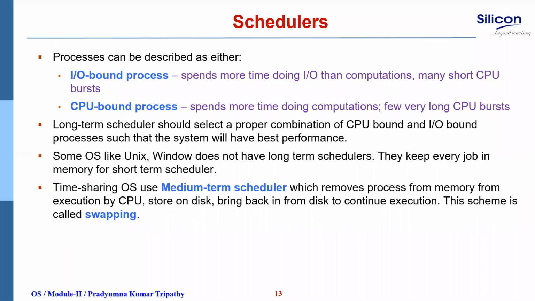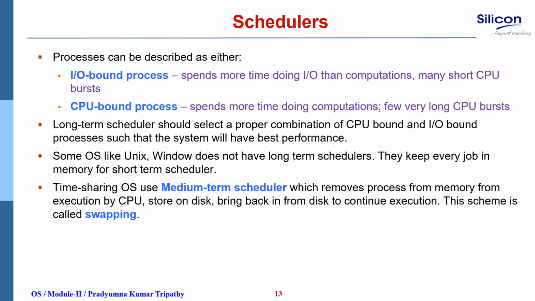Some programs take more of their time for IO operations and less time for computation. There are also CPU bound processes. What are CPU bound processes?